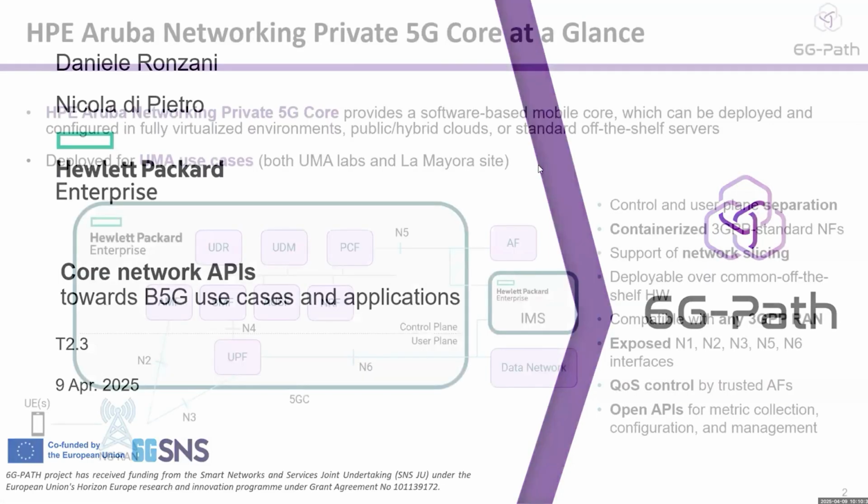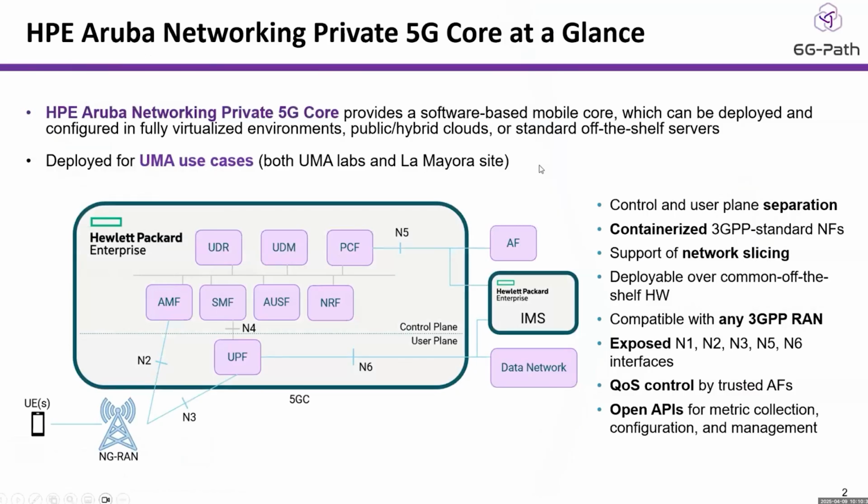So just a couple of words about our 5G solution. Our solution provided by HPE is a complete software, including all the network components for managing functionalities like authentication, control signaling, quality of service management, mobility, and data traffic forwarding.